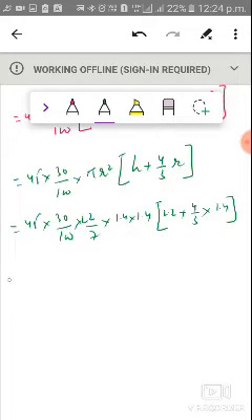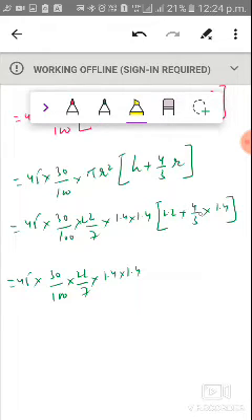Okay, so I can write 45 multiplied by 30 by 100 multiplied by 22 by 7 multiplied by 1.4 multiplied by 1.4.